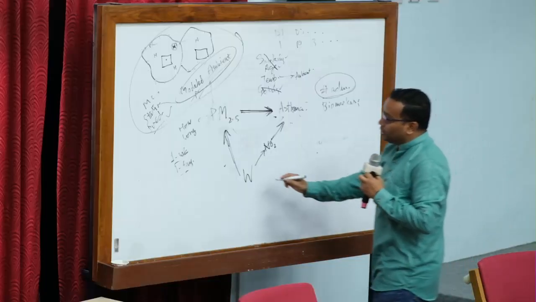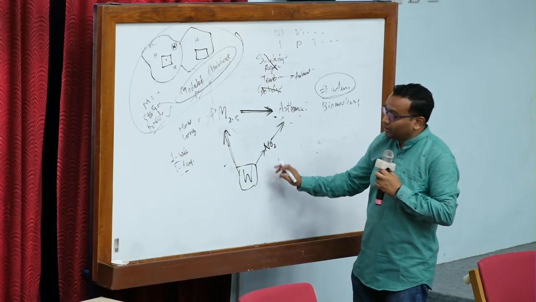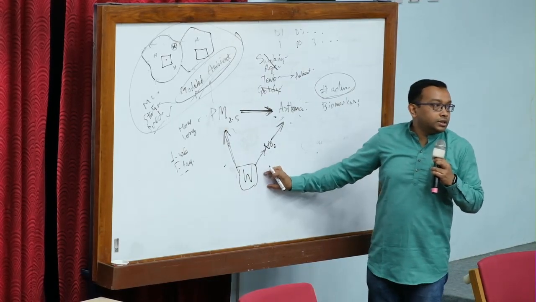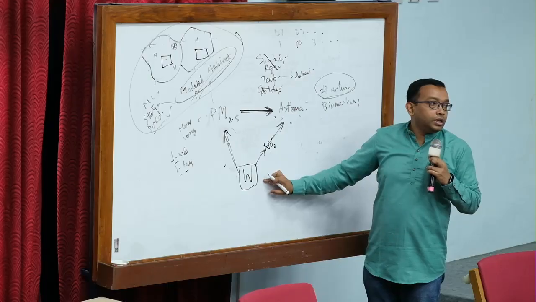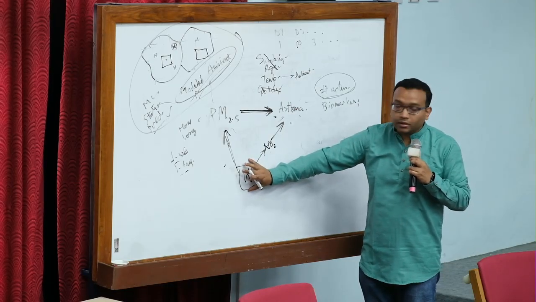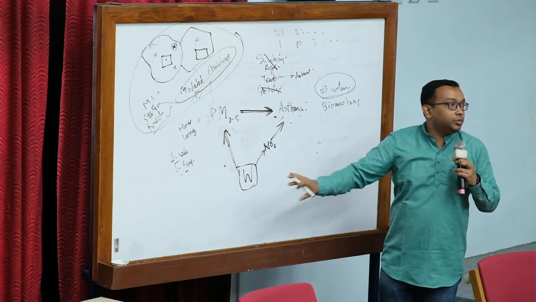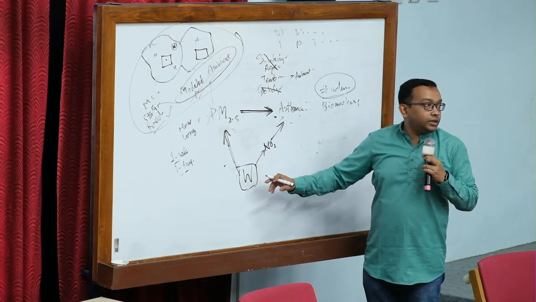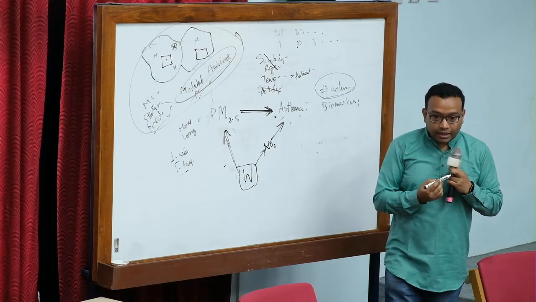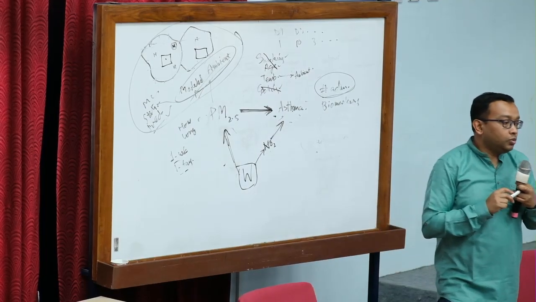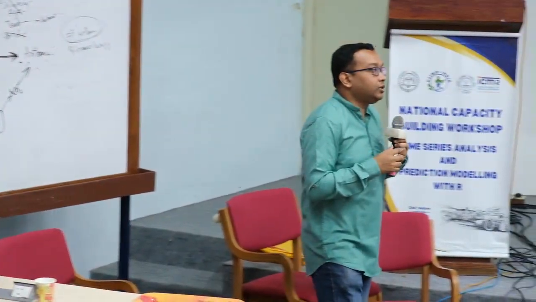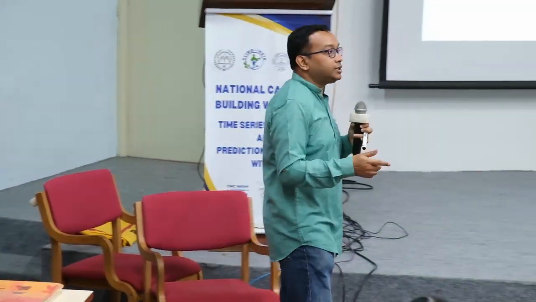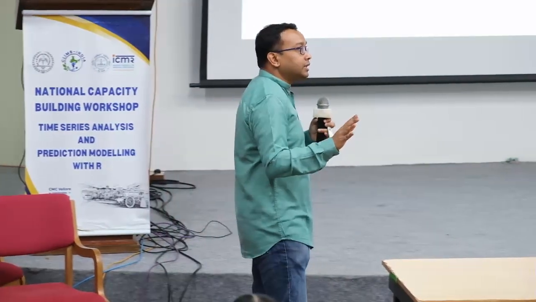See, what will happen is if you block this pathway, W is the confounder, right? Blocking means you're adjusting for W, then this pathway is closed. You don't need to adjust for it. But there are situations where you want to look at the joint effect of NO2 and PM 2.5 on asthma. It's a different question.